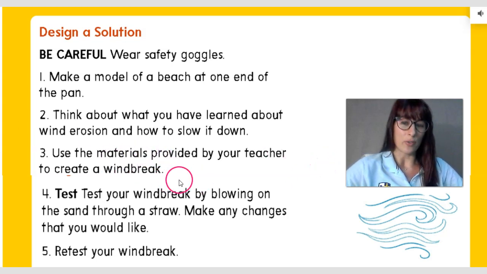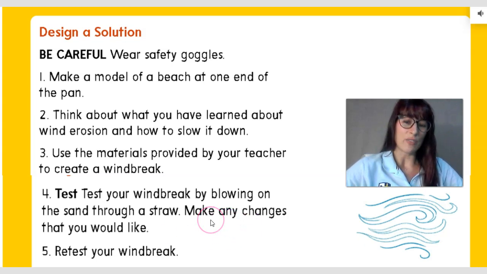Now you're going to have your materials ready because you're going to create a windbreak. Then after you are done building your windbreak, you will test it by blowing on the sand through your straw. That's why you need your safety goggles on, so the sand doesn't get in your eyes. And that's why you need to be outside, so you don't make a mess.